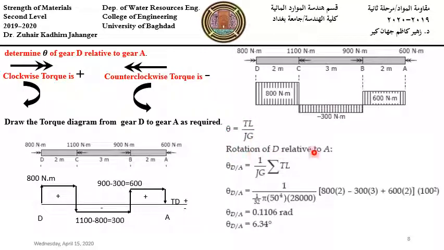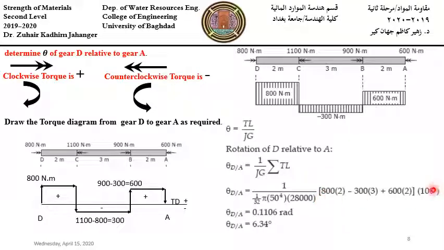Rotation of D relative to A. So theta D relative to A equals 1 over JG, which is a constant for all the shaft, summation TL. This is 1 over J, which is solid, pi over 32 times 50 to the power 4, times G, which is 28,000 megapascal.